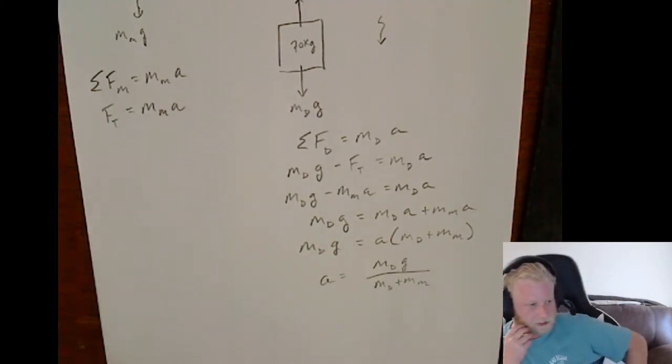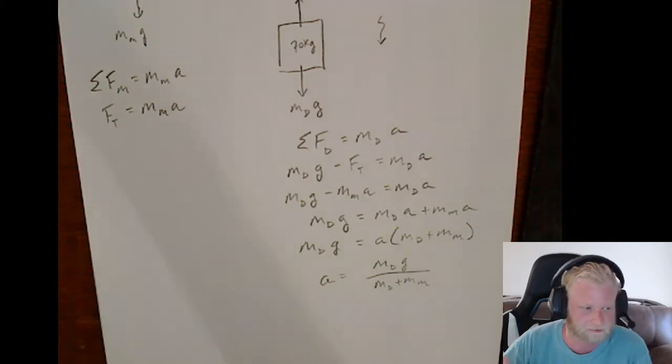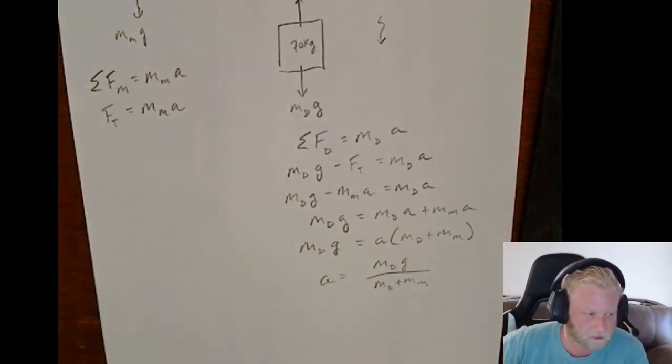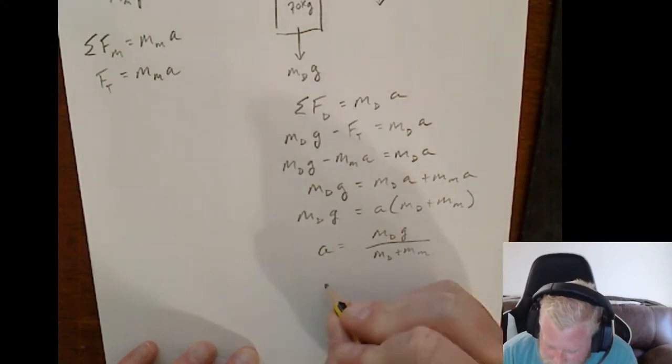Now, as we get into more complex problems, I'm typically going to wait to substitute in my values until the very last second. It just makes your life easier. It's harder to make a mathematical error if you're just moving variables around rather than actually plugging in numbers. So now let's plug everything in.